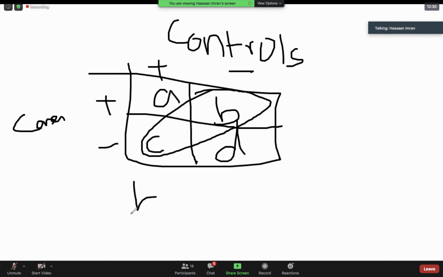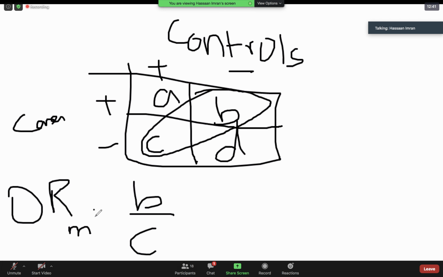So, the formula that is generated for a matched odds ratio is, I'll put a little m in the bottom of that odds ratio, that is going to be B over C, right?